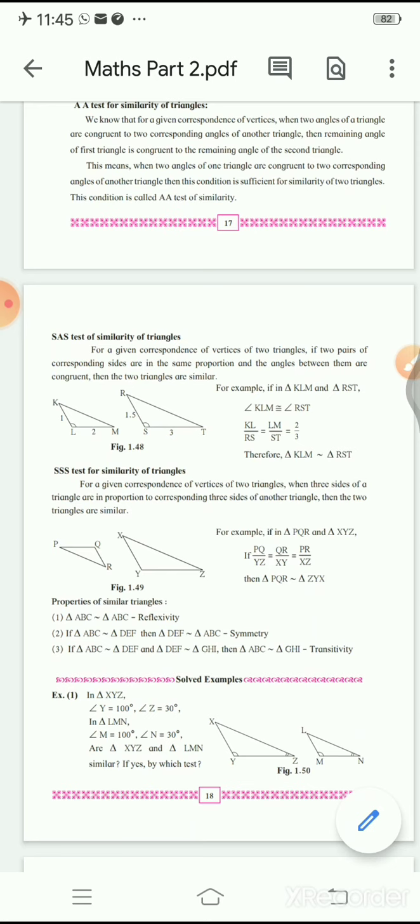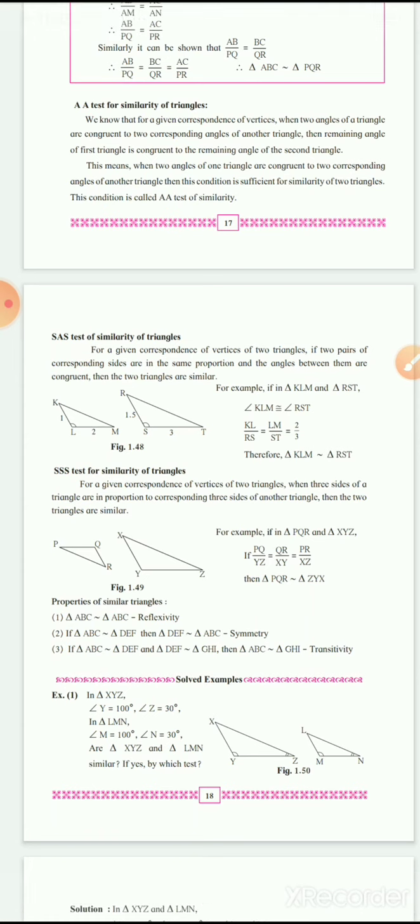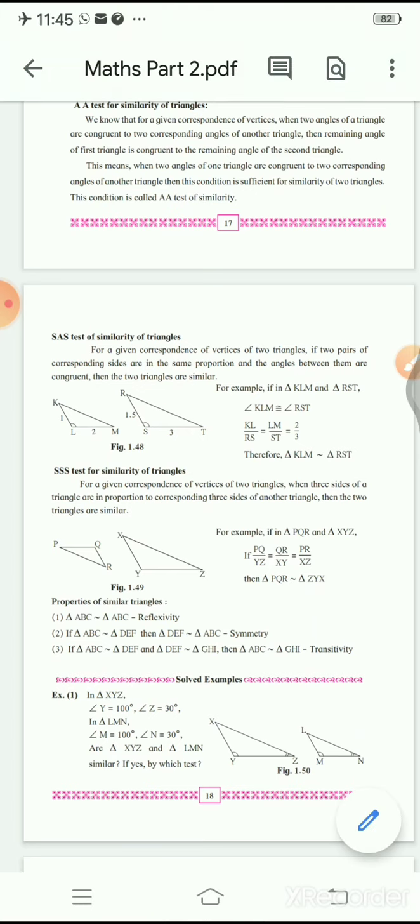This property is known as symmetry. Means if a triangle is similar to another triangle, then the other triangle is similar to this one. This is known as the property of similar triangles, symmetry.